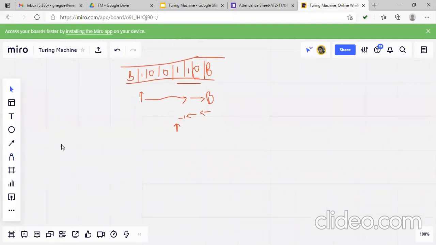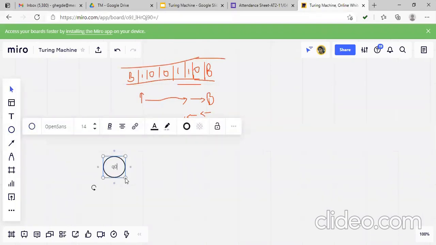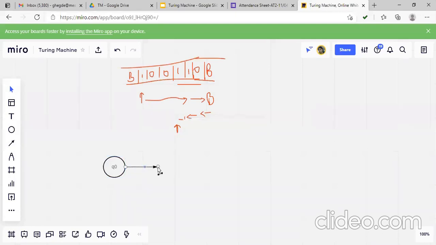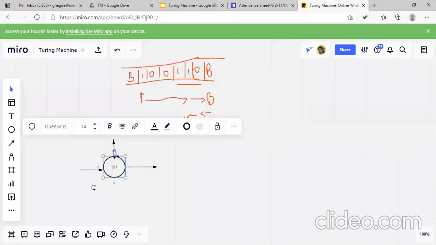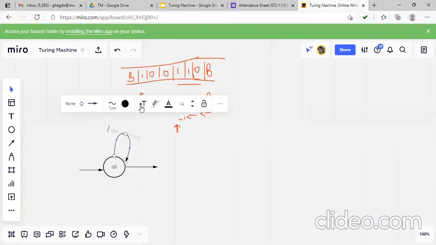Okay, we'll quickly draw this. How to draw this? This is your start state, right? Whatever we get, if I get a 0, keep that 0 as it is and move right. है ना?